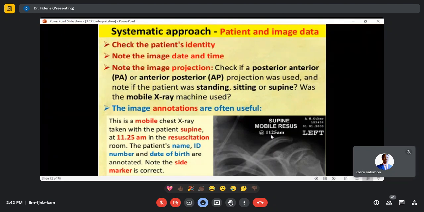It was taken at 25 past 11 a.m. The patient number, the date of examination, even they say this is the left side here. So all of this has been captured on the film. So you should check them very well before you start analyzing and interpretation.